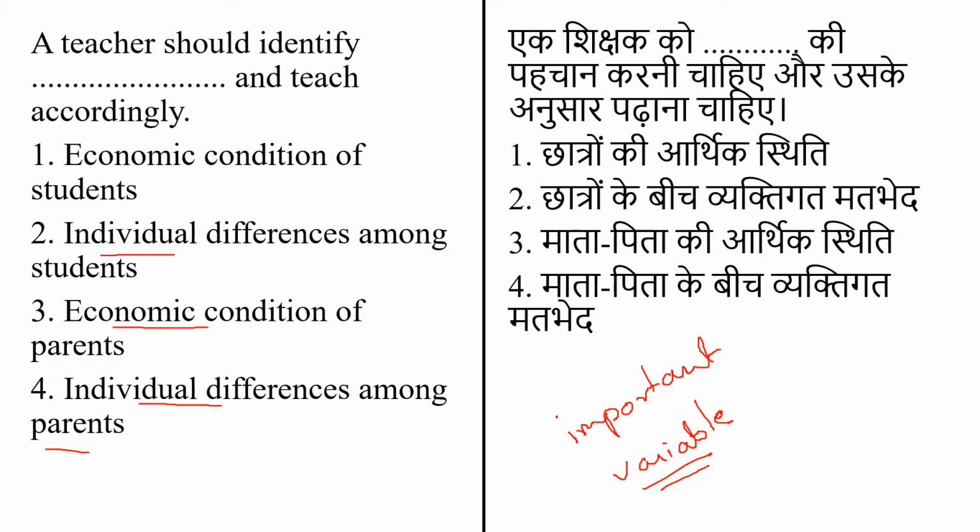If there is a student who is a slow learner, the teacher has to think about that child and teach accordingly. The teacher can't go too fast or too slow. So the teacher has to understand everybody's mind, the individual differences among the learners.